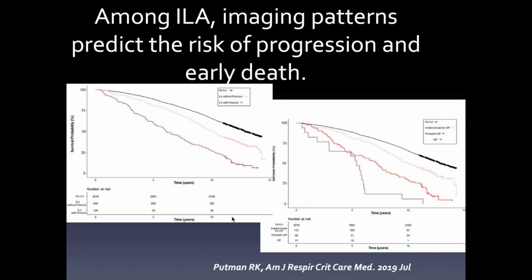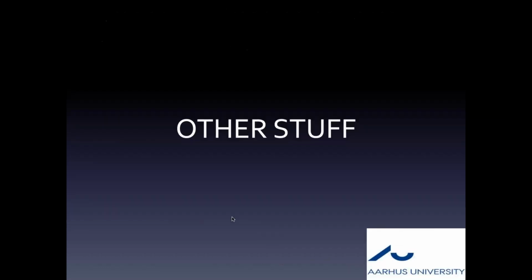And among ILA subjects, imaging patterns predict the risk of progression and mortality, and these patterns are fibrosis, honeycombing, and traction bronchiectasis.